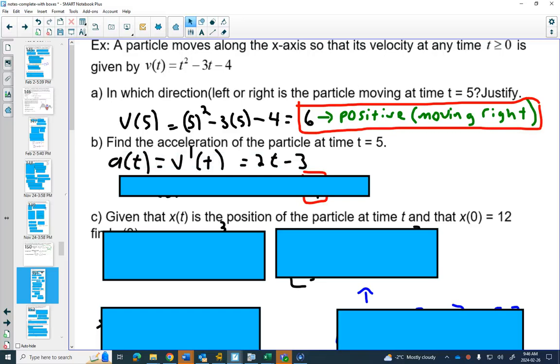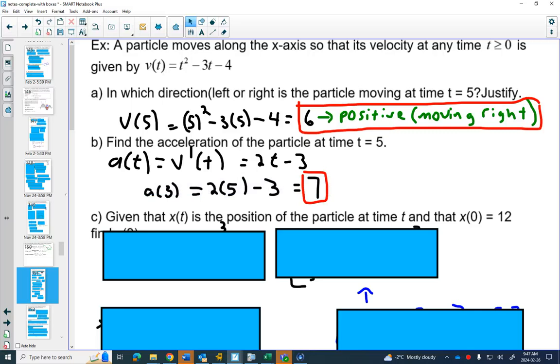If we find the acceleration, which is the derivative of our velocity, we could plug in 5 into this, no problem. And we get an acceleration of 7. Recall, what does that mean from previous units? If the velocity was positive and the acceleration is positive, what did that tell us?